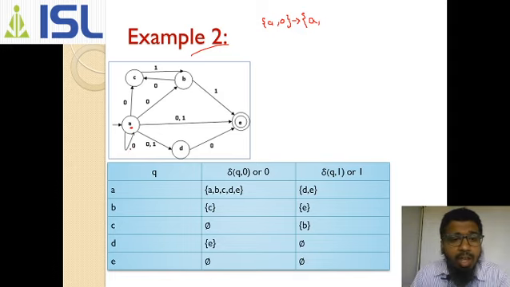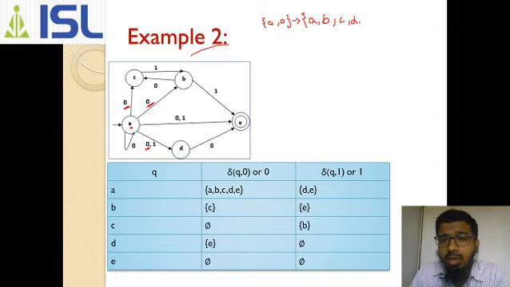We are generating the string, we can say. A comma 0, then it is going to A, and any other possibility: A to B, B is also there. Then A to C, C is also there. Then A to D, D is also there.